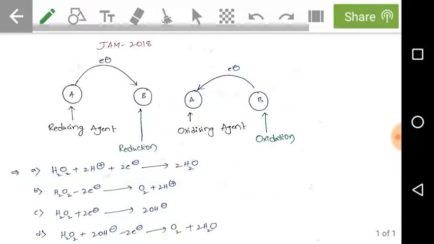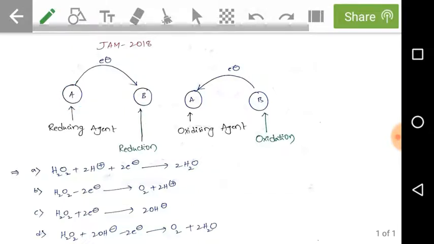Just observe the drawings here. In the first one, consider the molecule A, which is acting as a reducing agent by donating its electron to species B, causing reduction in B. That's why we consider A as the reducing agent.